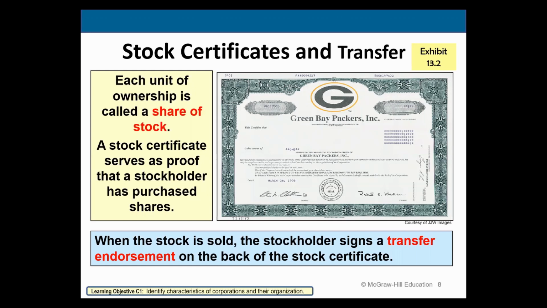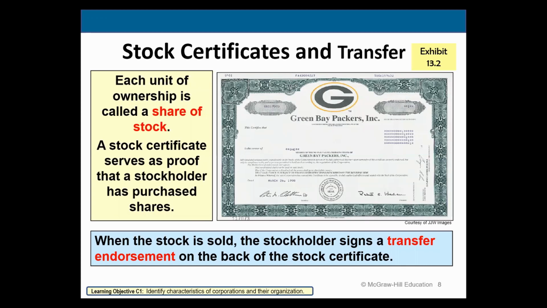A certificate shows the company name, and so in this case, Green Bay Packers, Inc. It shows the stockholder name, and in this case, it would more than likely be to the bearer because it doesn't have a name filled in here. So that would be just whoever has the actual certificate, and it shows the number of shares. In this case, this is for one share of the Green Bay Packers Incorporated.